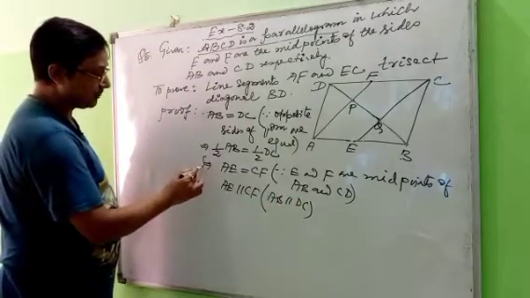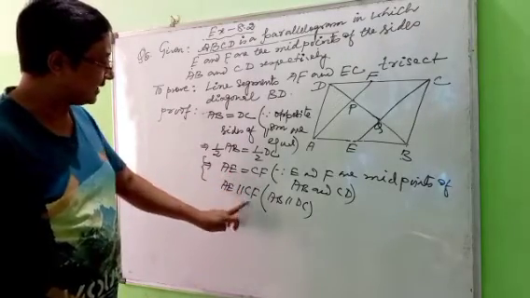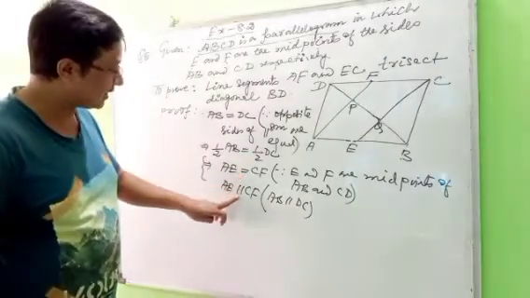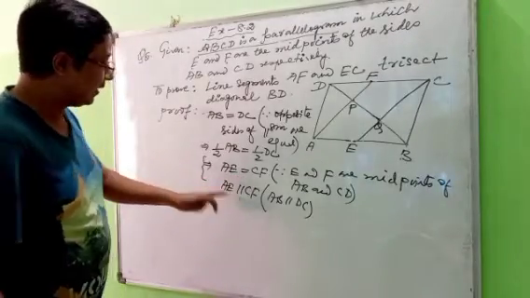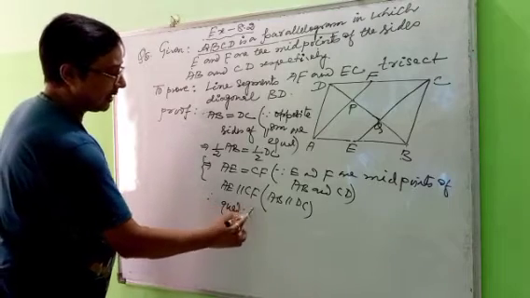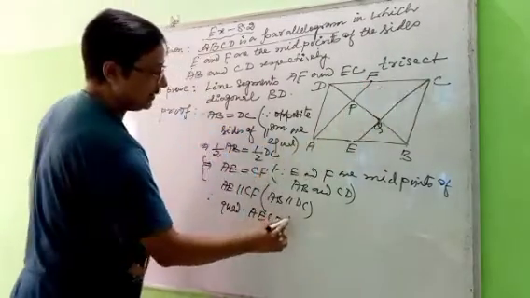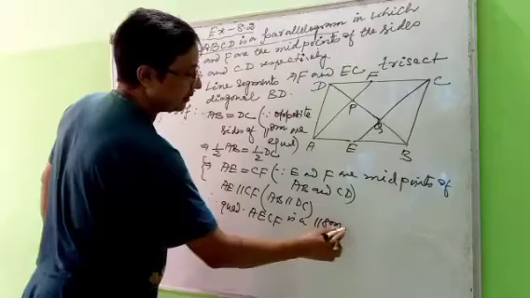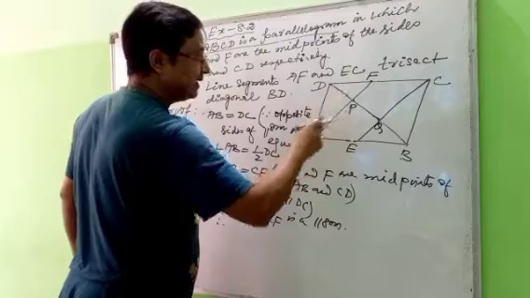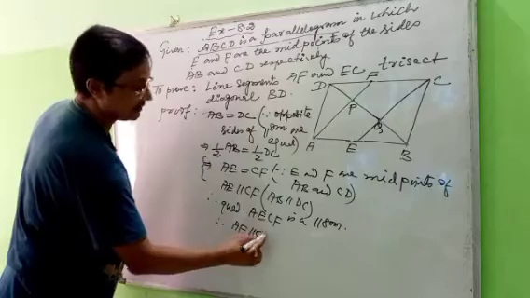Now from these two equations, the same pair of opposite sides AECF is equal, and it is also parallel. Therefore from these two equations, quadrilateral AECF is a parallelogram. So therefore you have got both pairs of opposite sides parallel. In this case AF is parallel to CE.